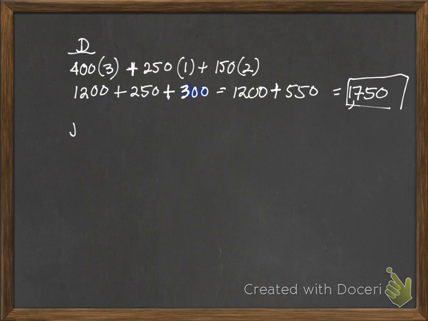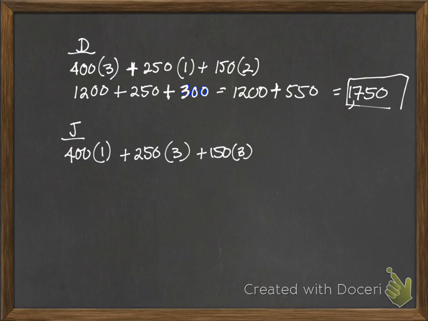Let's check out the rest. Michael Jordan got 400 votes that were in last place, so he gets 1 point for each. Plus 250 votes in first place, so he gets 3 points for each. Plus 150 votes in first place, so he gets 3 points for each. So 400 times 1 is 400. 250 times 3 is 750.